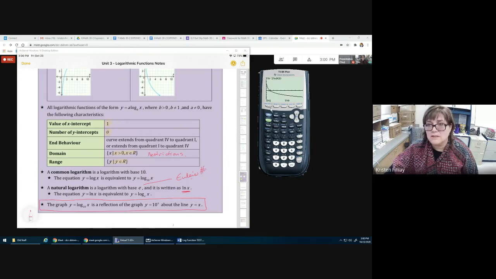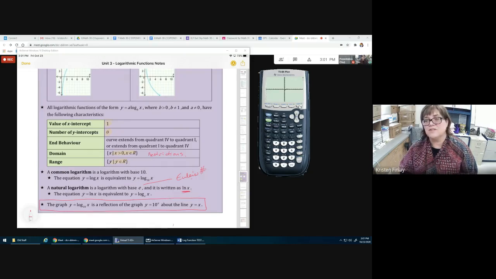So I can turn this on. I'm going to clear this. I'm going to change my window, and I'm going to give myself a negative 10 to 10 here, and do the same thing here, because I'm going to graph log of x for y1, and for y2, I'm going to graph 10 to the x, so we can see what they look like.